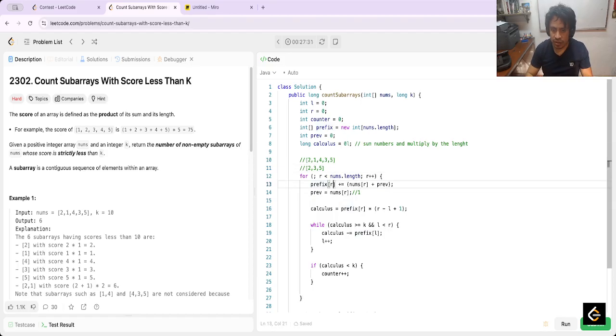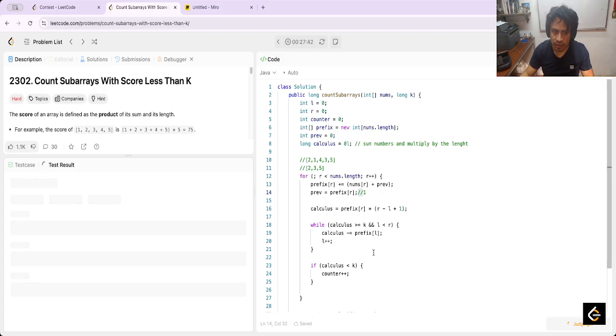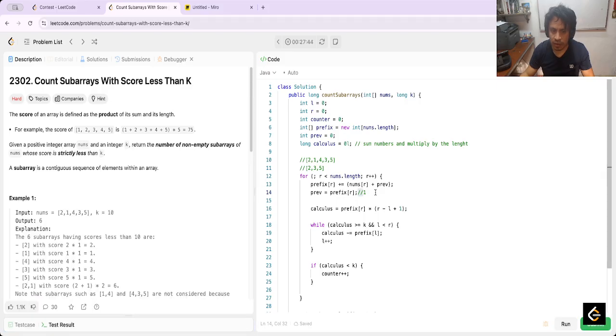Yeah, in this case, prefix in the position r plus equals nums in the position r, that is 2, plus prep, that is 0. Okay, is 2, and now prep has the value of the previous prefix, that is 2.